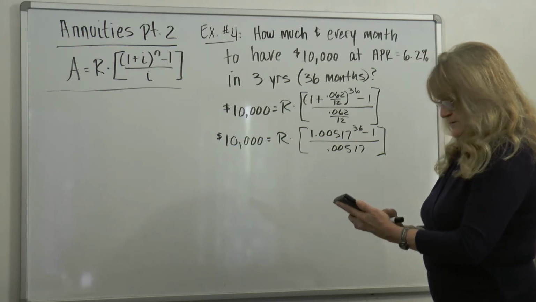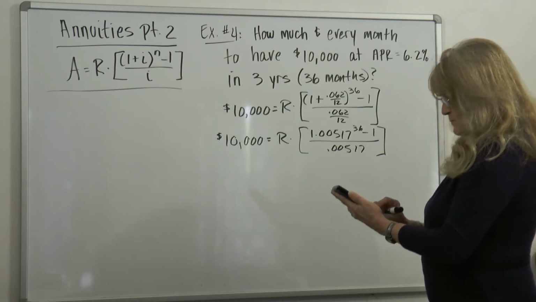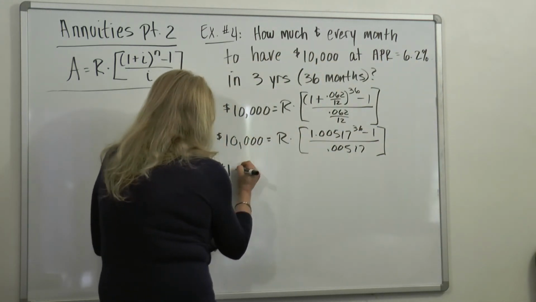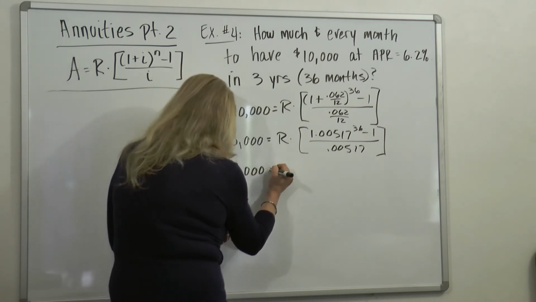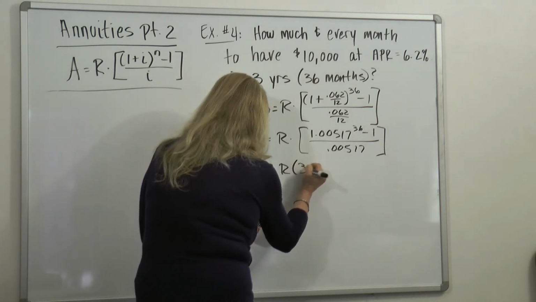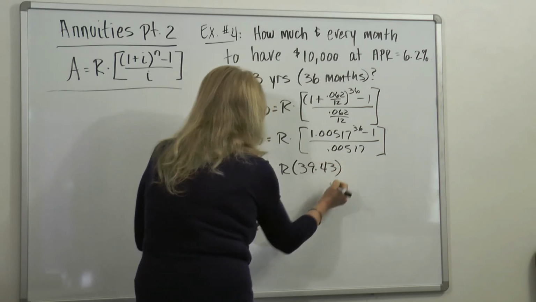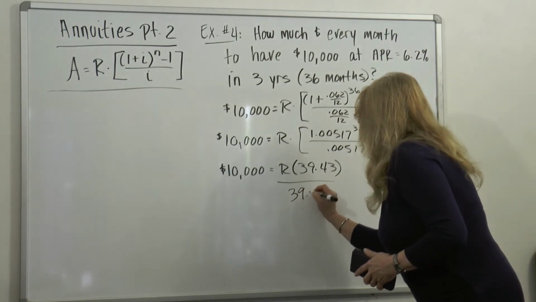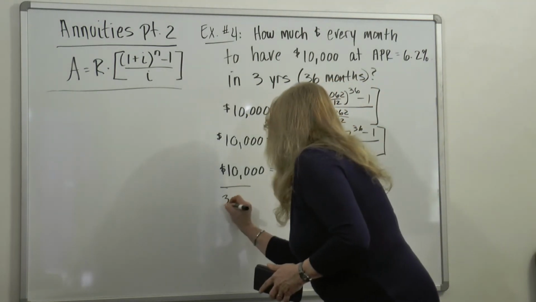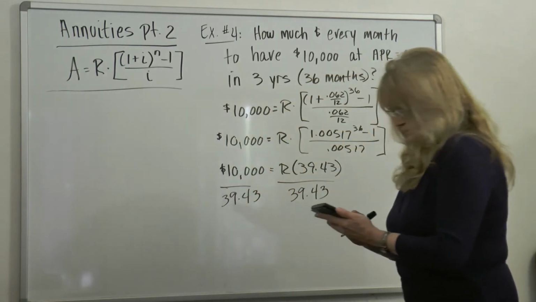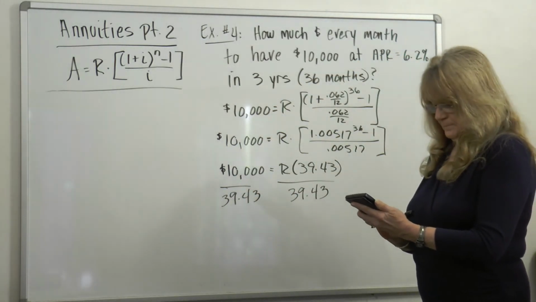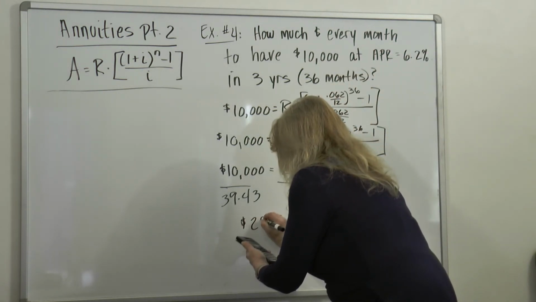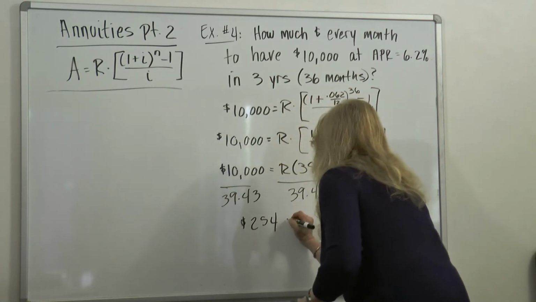So to the 36 minus 1 divided by 0.00517, we have 10,000 and 39.43. And I'm solving for R, my monthly deposit. So divide both sides by 39.43, and I get 254. I'll just round up.